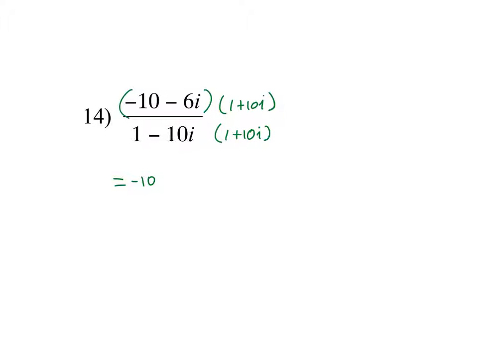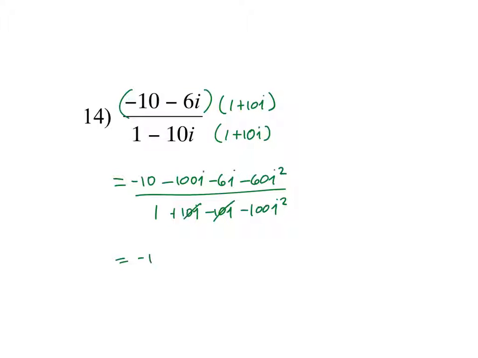So the first, negative 10 minus 100i minus 6i minus 60i squared divided by 1 plus 10i minus 10i minus 100i squared. This cancels out. So negative 10 minus 106i minus 60 times negative 1 divided by 1 minus 100 times negative 1.